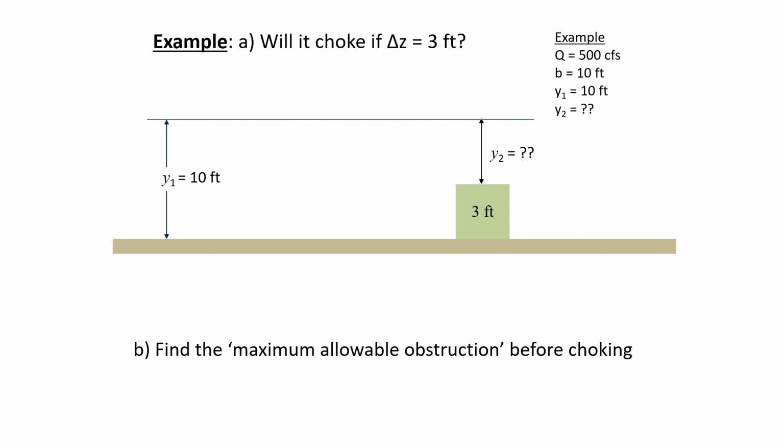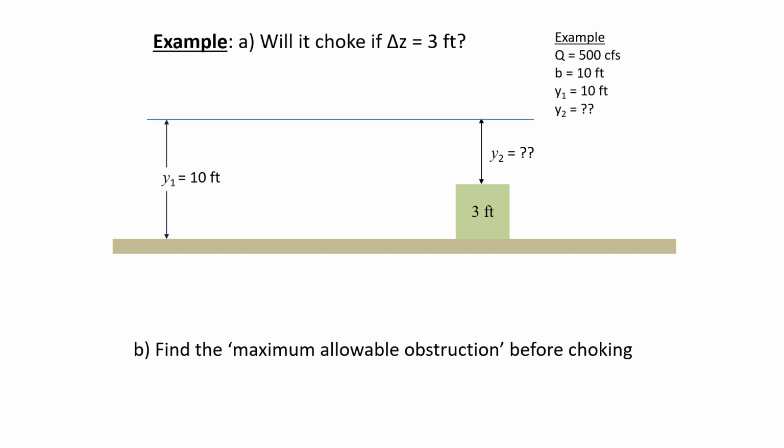Our depth at 1 is 10 feet, and that alone tells me we've got enough energy. Look, the minimum that's required is 6.398 plus the 3, because the energy at 1 is going to be reduced by the step height. So 10 plus the velocity head gives us 10 and change, minus 3, so 7 and change, which is more than the minimum. So I already have a good feeling that this is not going to choke the flow. But let's go through and do all the calculations.